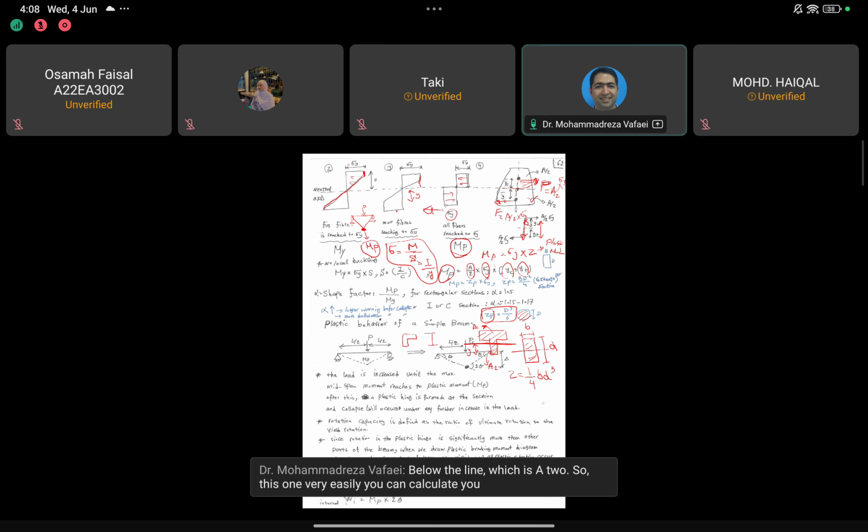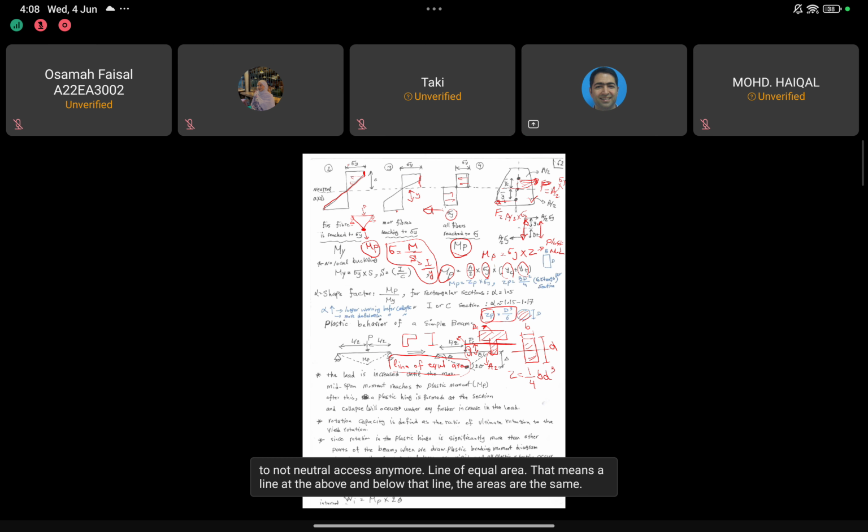You can assume that this line is located at the height of Y, and then calculate the area above, calculate the area below, equate them to each other, and get the Y. So this is the line that we call the line of equal area. It is not the neutral axis anymore. Line of equal area means a line such that above and below that line, the areas are the same.